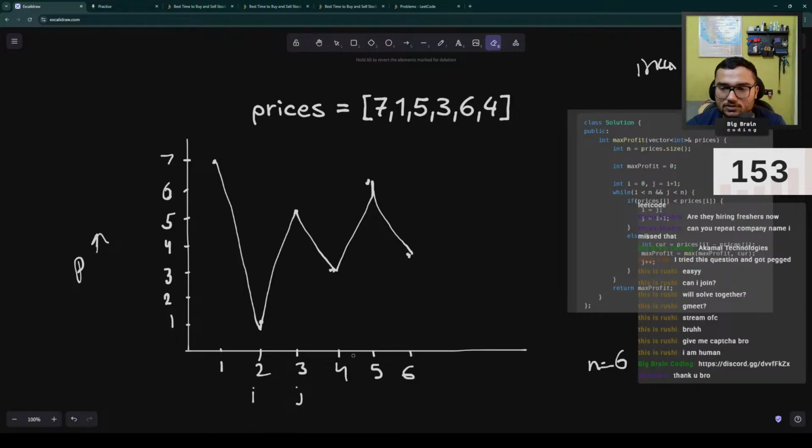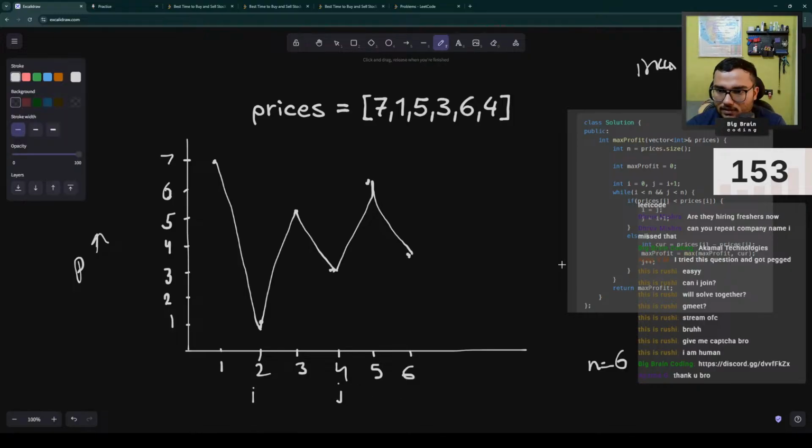And J moves. Then in the next iteration, this price is not less than I still, so this condition is not satisfied. Then we calculate the profit, but this is lesser than this, so it won't work. Then J moves again.